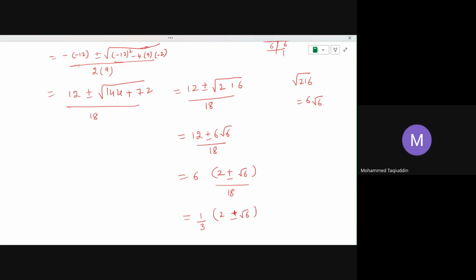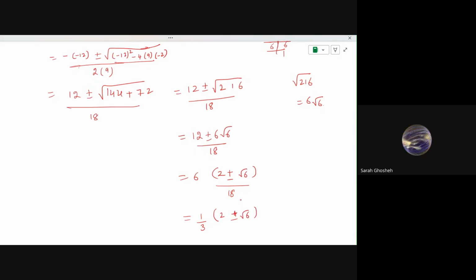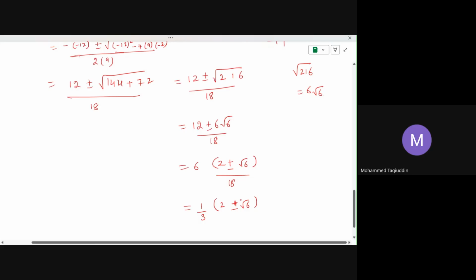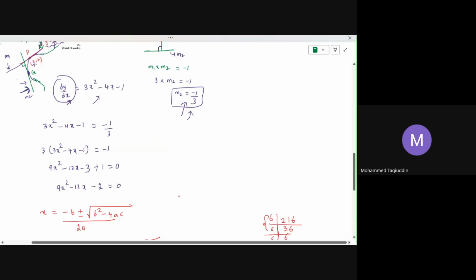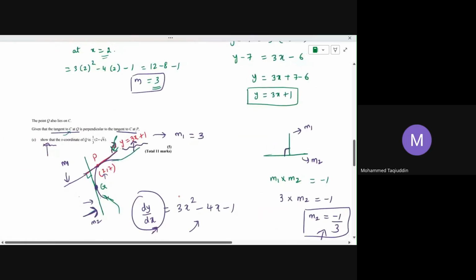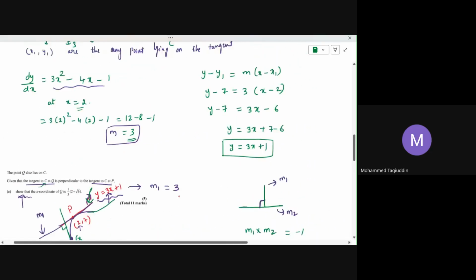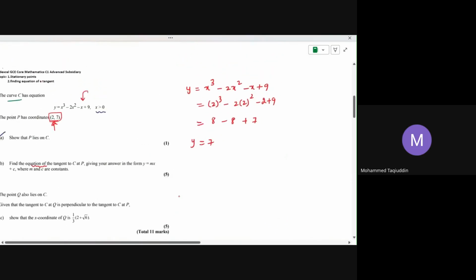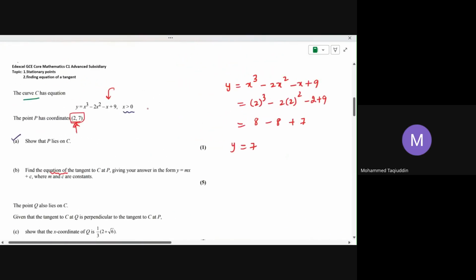Now you got the two values of x here, but in the question, if you see, the x values are greater than 0.